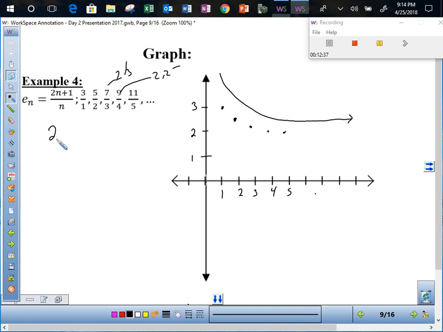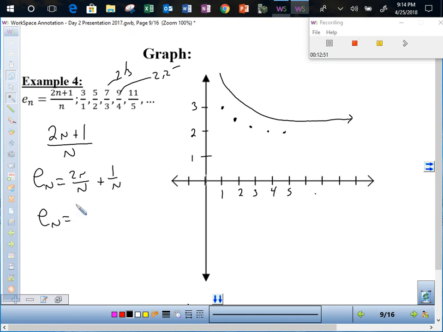Let's reduce 2n plus 1 over n. I can think of that as 2n over n plus 1 over n. If I reduce that, 2n over n is 2, plus 1 over n. Well, we know from our previous example, this limit right there is 0.